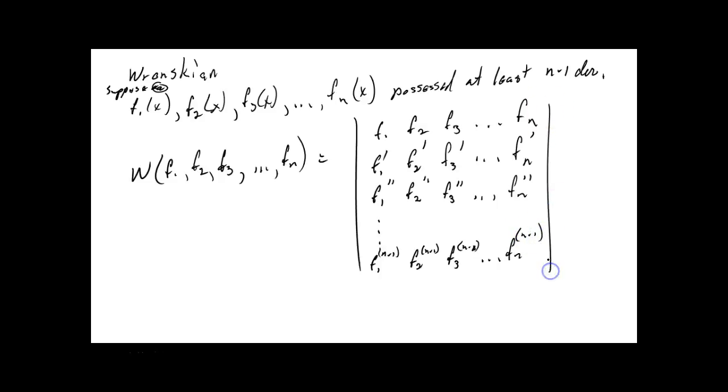The determinant of that, where the primes denote derivatives, is called the Wronskian of the functions. By the way, all these are dot dot dots. Everything continues on down.